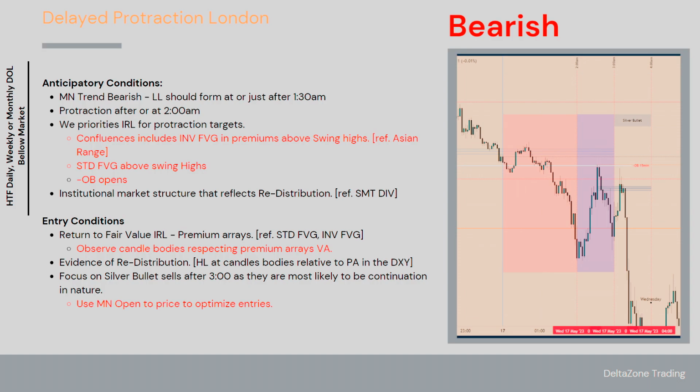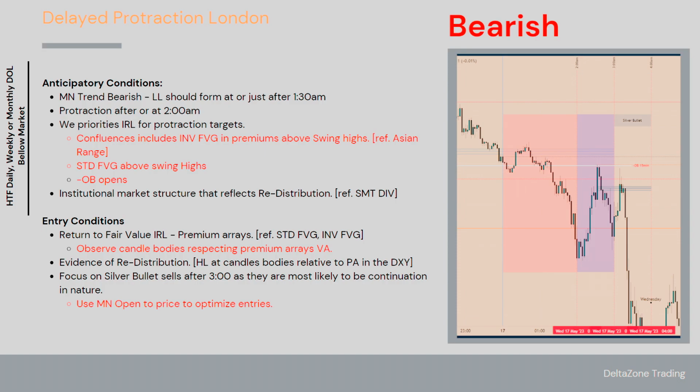If we are able then to use an inverted fair value gap as a means to measure a shift in sentiment, this is even better and builds our case for a potential reversal.